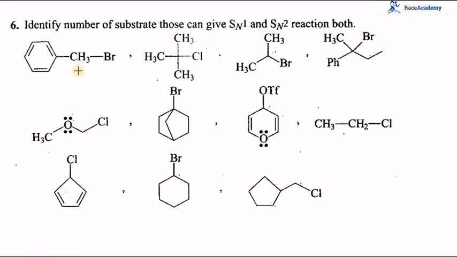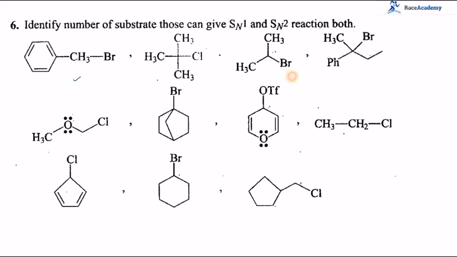So if you observe the first one, there is a possibility for conjugation. That means a benzene ring with a methyl group is there. Easily it can participate in SN1 and SN2. Second one is not possible because it is tertiary.